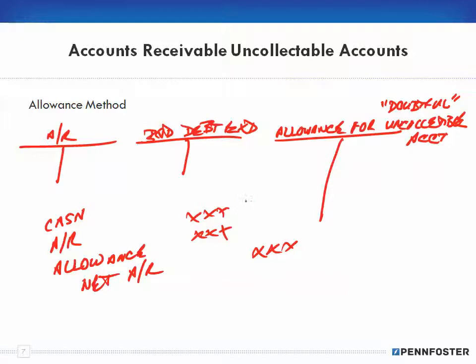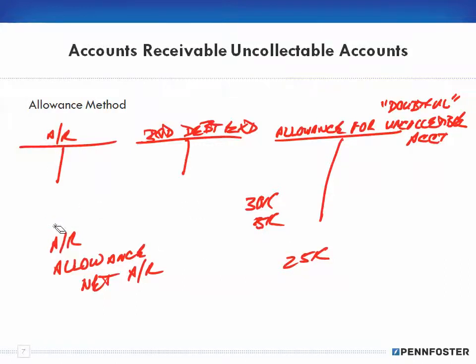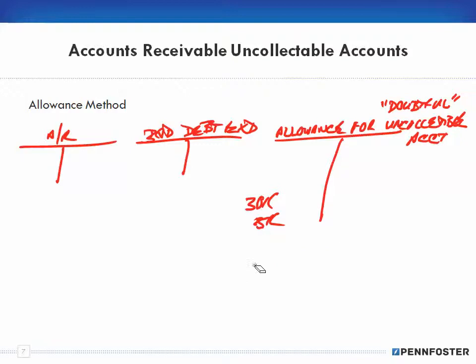Even though your accounts receivable might be 30,000, if you had an allowance of say 5,000, your net receivable is actually 25,000. That's how it would be shown on your balance sheet. So the allowance for doubtful accounts is an asset account. And of course you would also have a cash account if they decide to pay off.